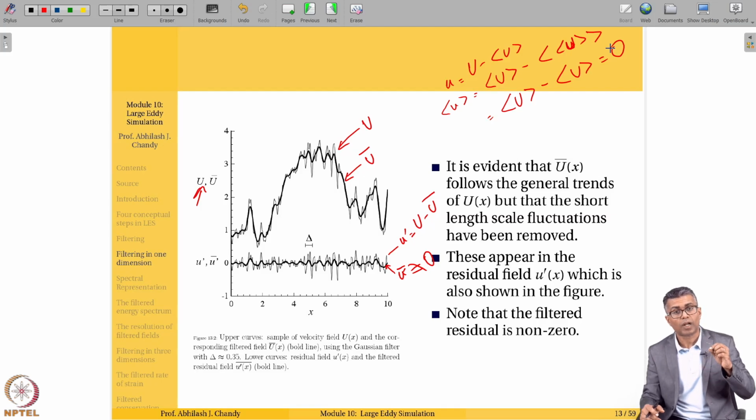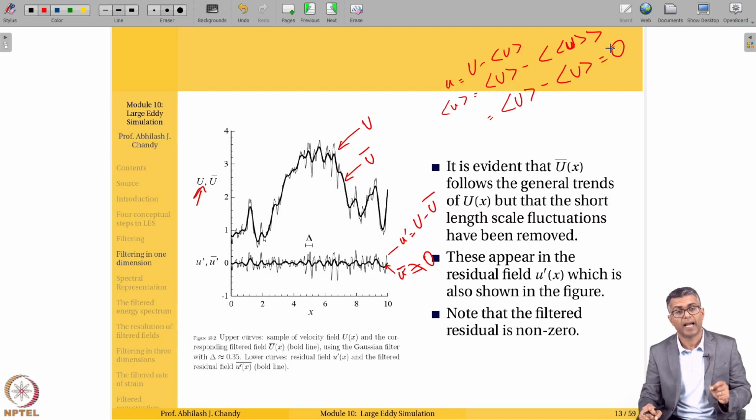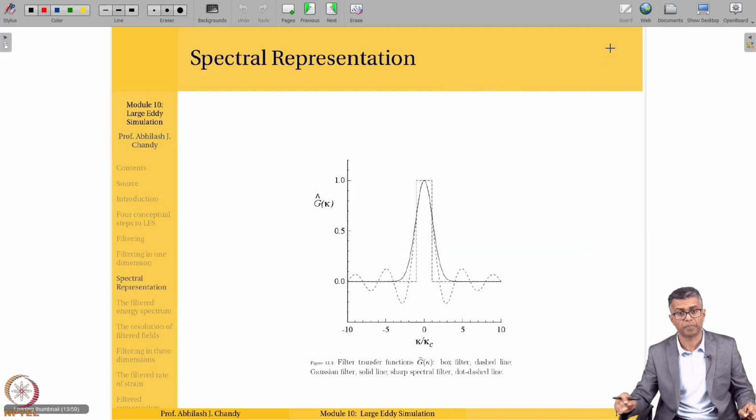That means U minus U bar, which is again another random variable, is your U prime, which is the residual field, and that cannot be 0 because U bar itself is not unique like you had U mean. So U minus U bar becomes U prime, the residual field, and that won't be equal to 0. So when you take a filtering over it, that is why U prime bar is not equal to 0. So I hope that is clear.